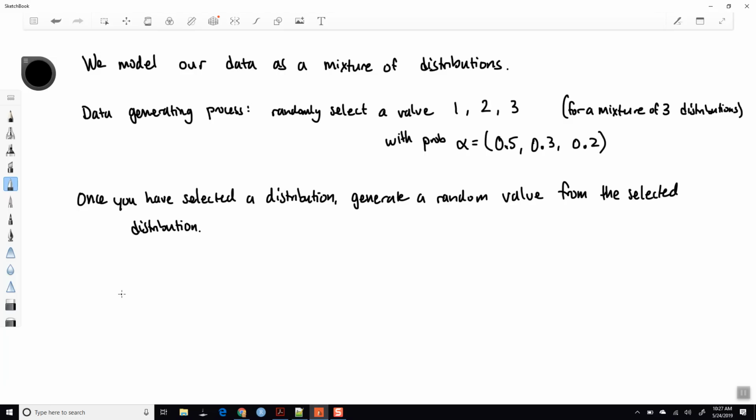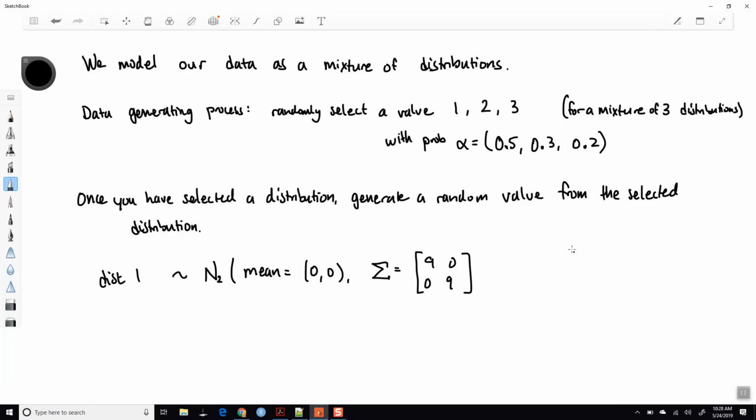So it could be that distribution 1 is multivariate normal with mean equal to 0, 0, and sigma matrix equal to 9, 0, 0, and 9.